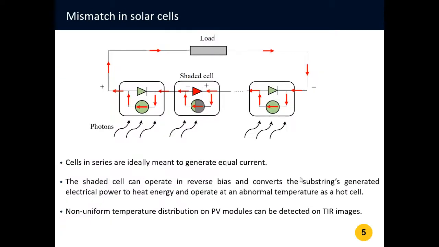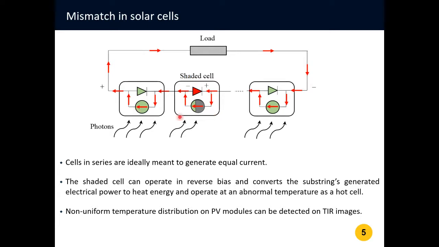This slide is showing a diagram that is indicating current mismatch in series connected cells. So the desired power output produced by a module and delivered to the load is achieved by connecting cells in series in a module.